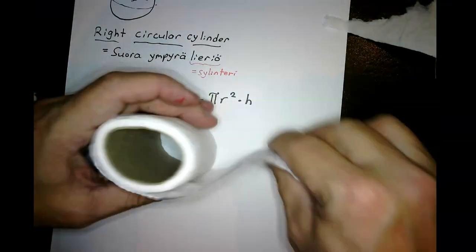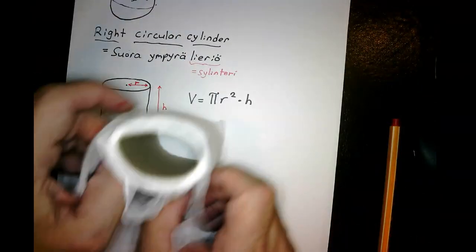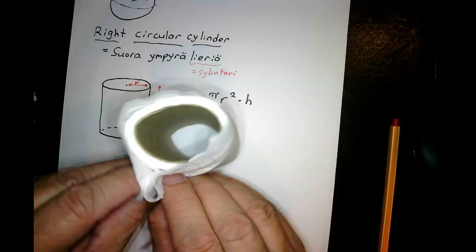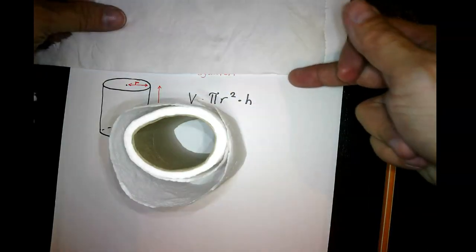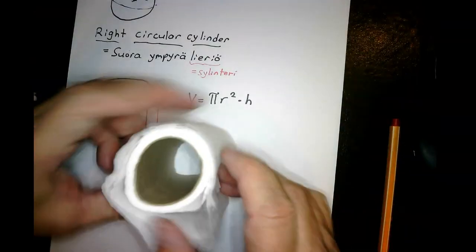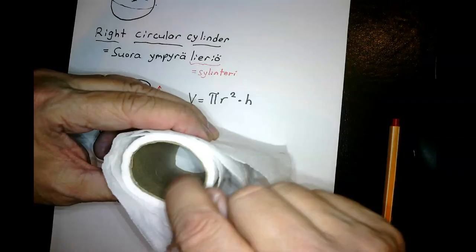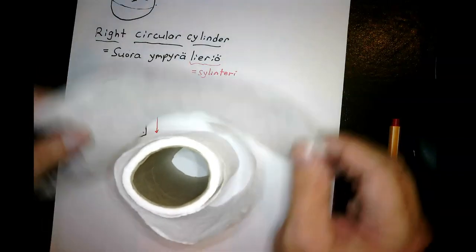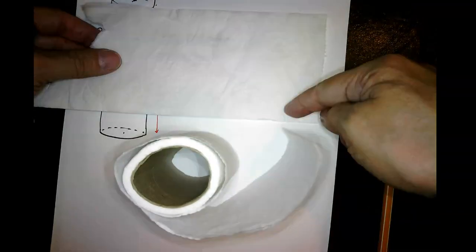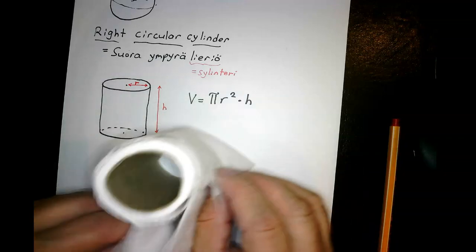And of course, with my stupid example of this toilet paper, I have this surface area there and open it. So the length of this paper is 2 pi r, because this is the circle which has a radius of r. So the length of this paper is 2 pi r, and the height of the paper is the same as the height of this cylinder.